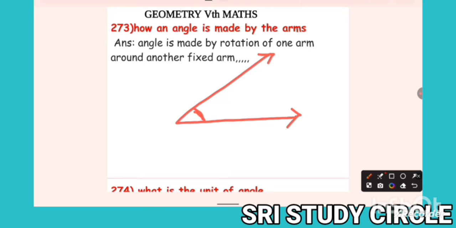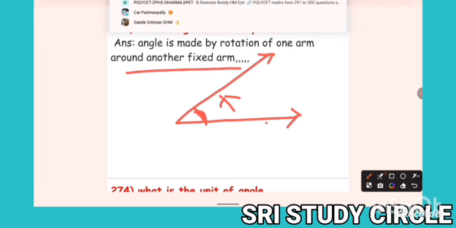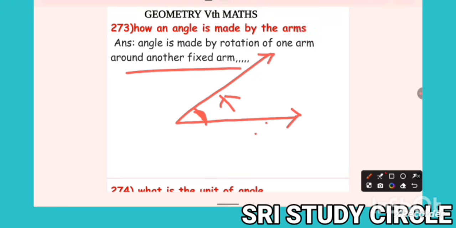Rotation of one arm around another fixed arm. So this is rotating in this direction. This is known as angle. Initial ray, terminal ray.